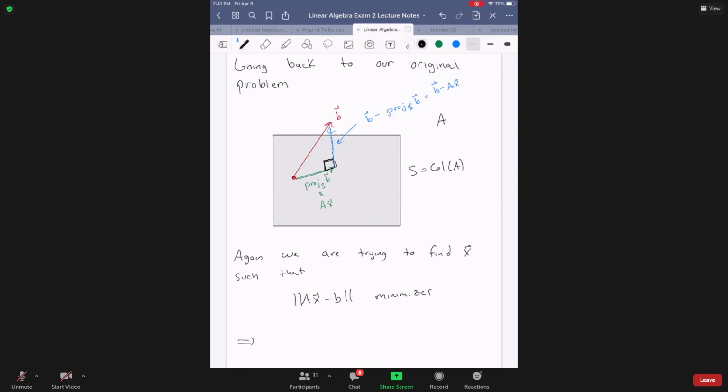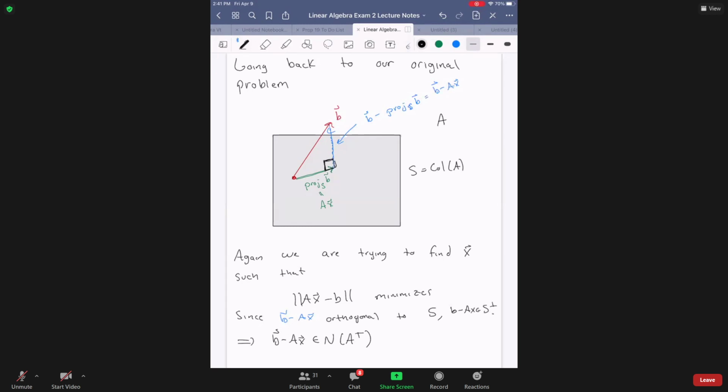So in other words, B minus AX is in the null space of A transpose, right? Since B minus AX is orthogonal to S, that means that B minus AX should be in the orthogonal complement.